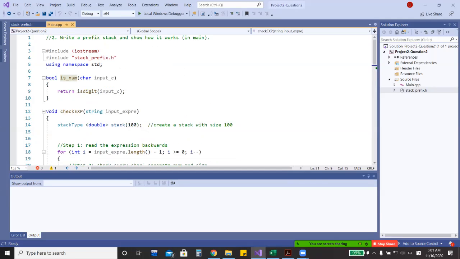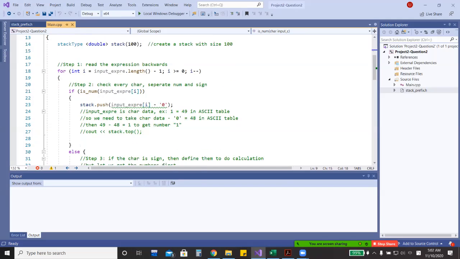So let us take a look at is number. It takes the character input and checks its digits. Is digit is a function in our string. If the input is really a digit, it will just return true.